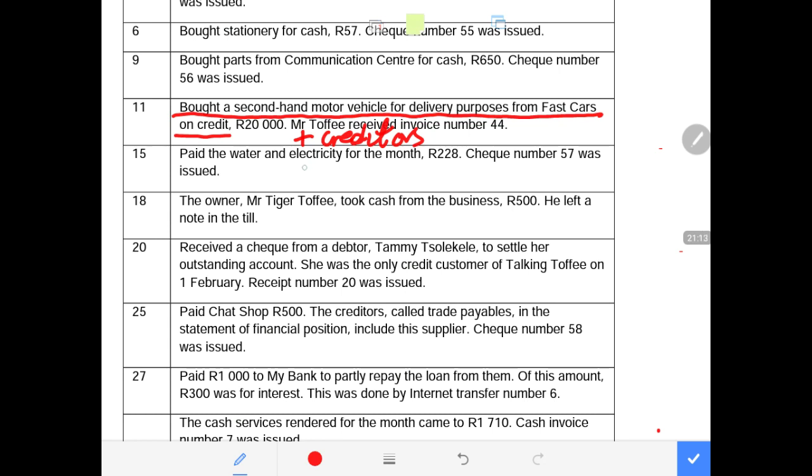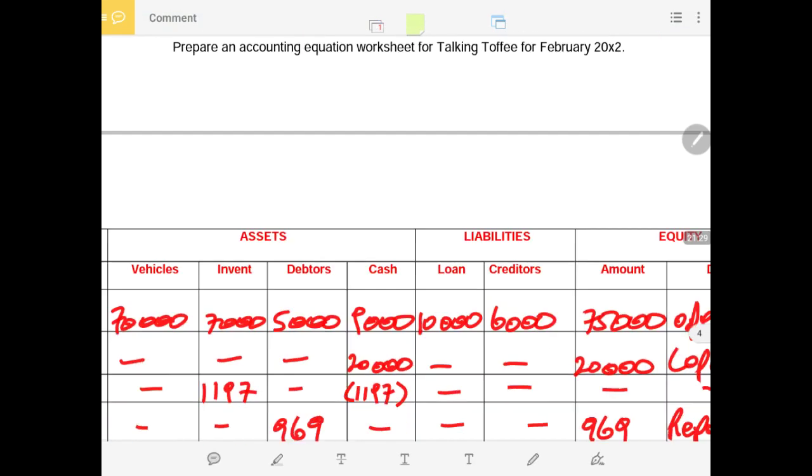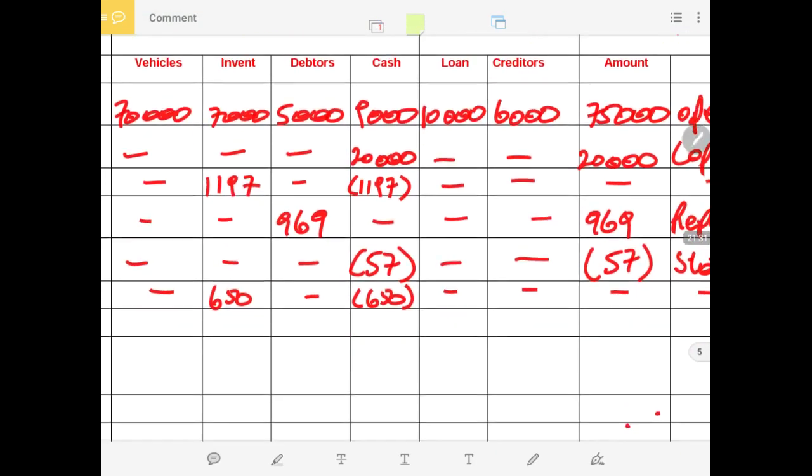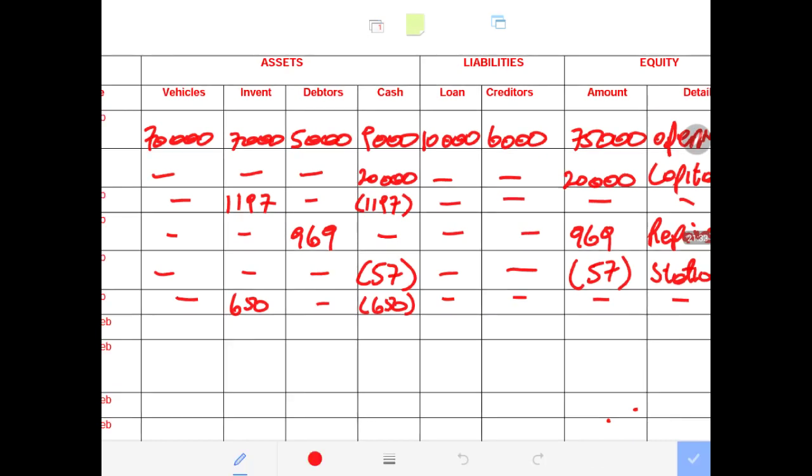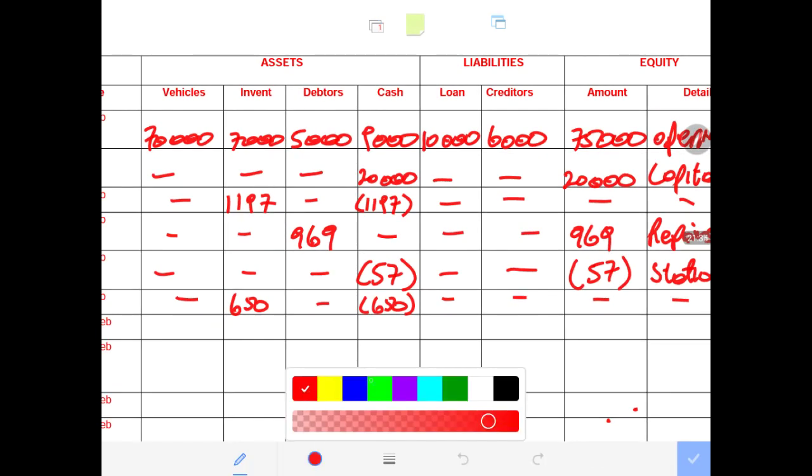Then our assets, which is vehicles, because we bought a motor vehicle, we expect our vehicles to increase because there's more motor vehicle available now in the business, increasing by the value of 20,000 rands. So now let us check where our creditors are. Our creditors are there under liabilities.